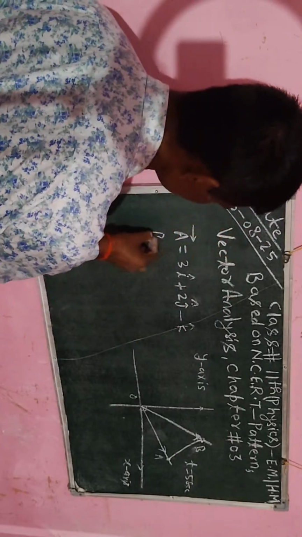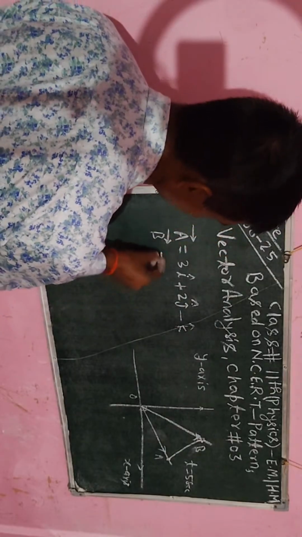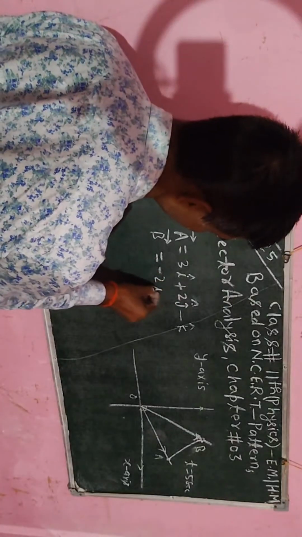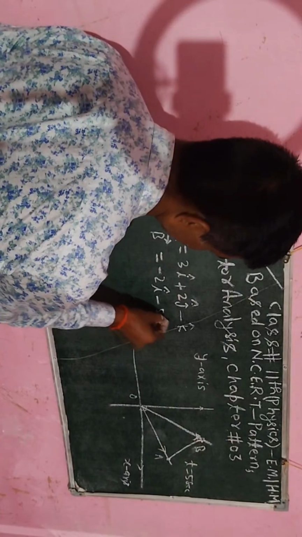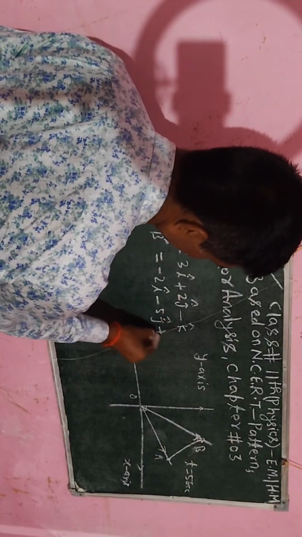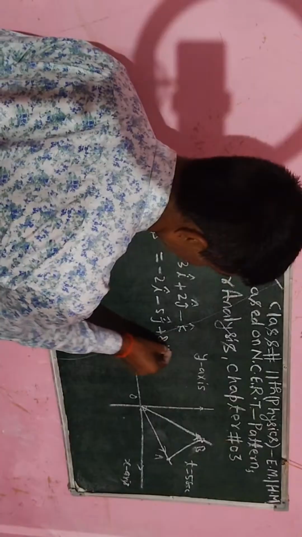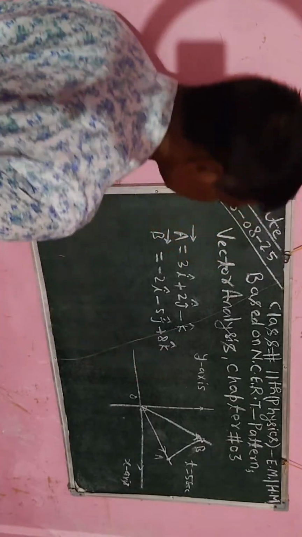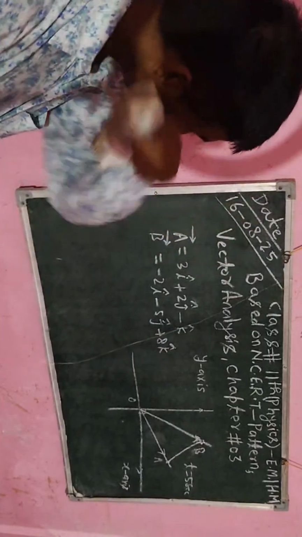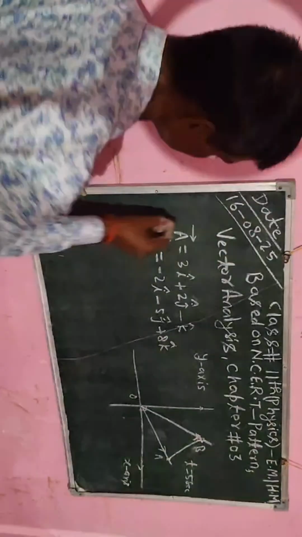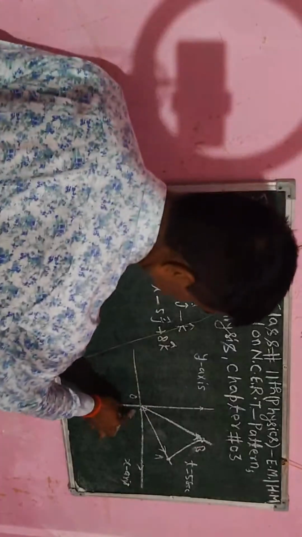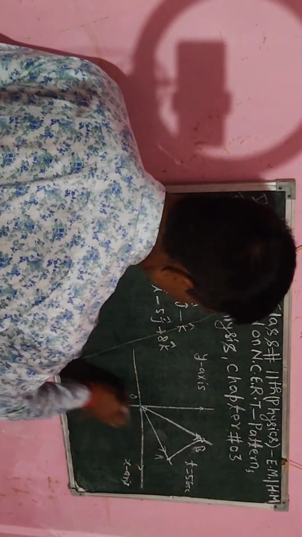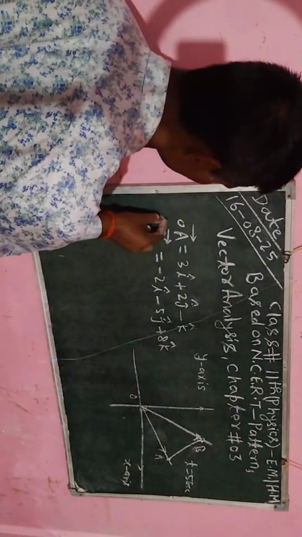Similarly, I will take vector B, which is equal to minus 2 i cap minus 5 j cap plus 8 k cap. This is the position vector. Now position vectors I can write as OA and OB.